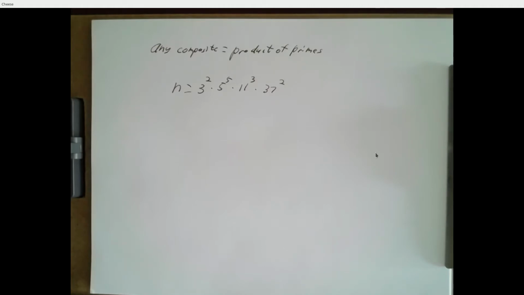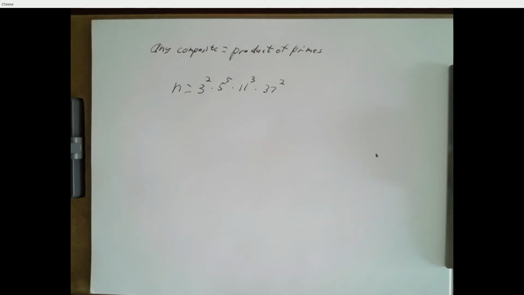Nonetheless, this is not true for all number systems. It's true for integers, but there are other number systems, like complex numbers, where we throw in this new thing called i, and we can do arithmetic with it. We can come up with other number systems where we don't have unique factorization.